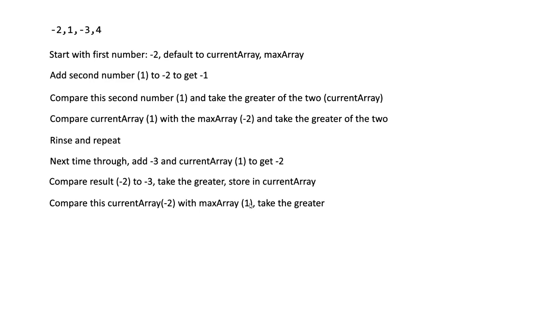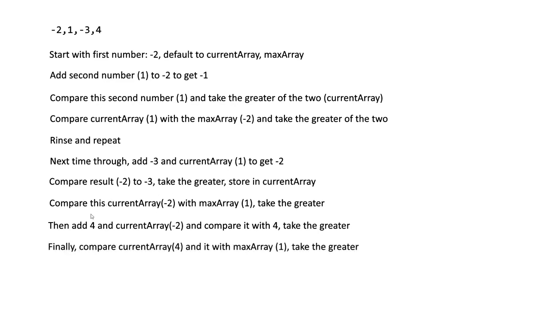But when we compare that to the max array, it's not going to hold up, so the max array is still going to be 1. Finally we take 4, add that to the current array of -2 to get 2, and compare it with 4 and take the greater. Then we compare this current array with the max array, take the greater, and return the max array. So in this case, 4 is the maximum sum you can get.